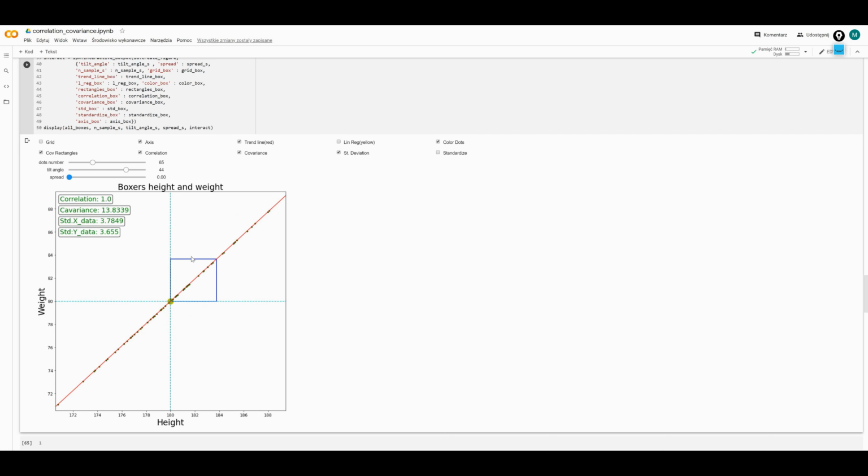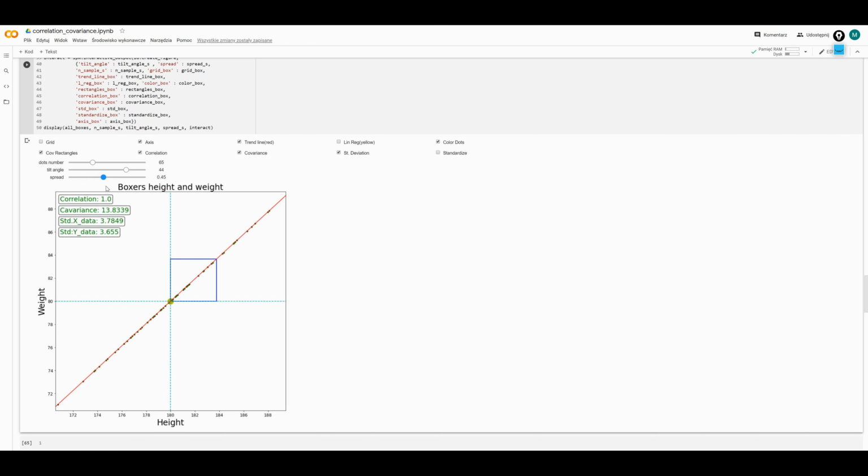This blue rectangle is made by the standard deviation of both dimensions. So the standard deviation of x data, which is height, means the average player differs by 3.78 centimeters and 3.65 kilograms. And this is the maximum surface that we can get.